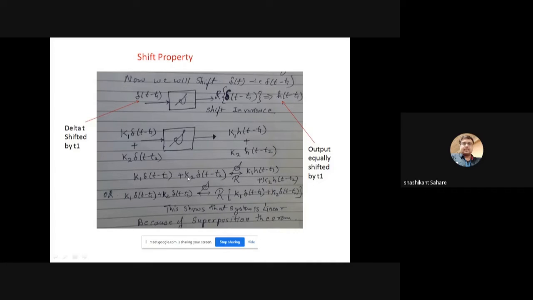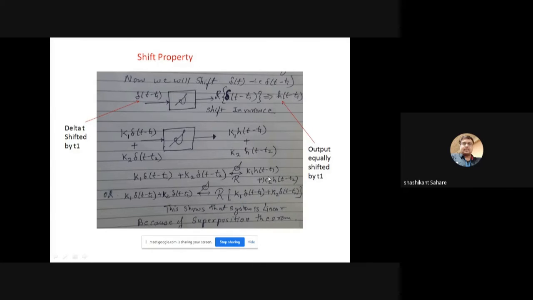So I can represent the output of a system in this way. The input is k1 δ(t − t1) + k2 δ(t − t2), and the output response of the system is k1 h(t − t1) + k2 h(t − t2).